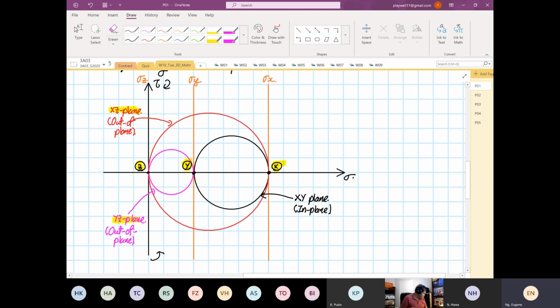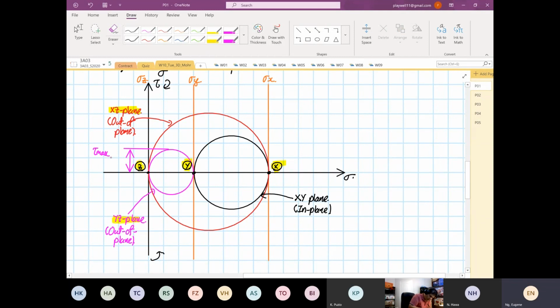So now we can label. Okay, we now, so we will call this height over here, right? So this over here is our shear max at the YZ plane. Okay.